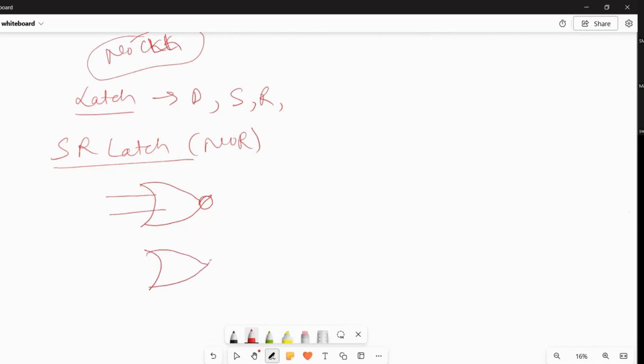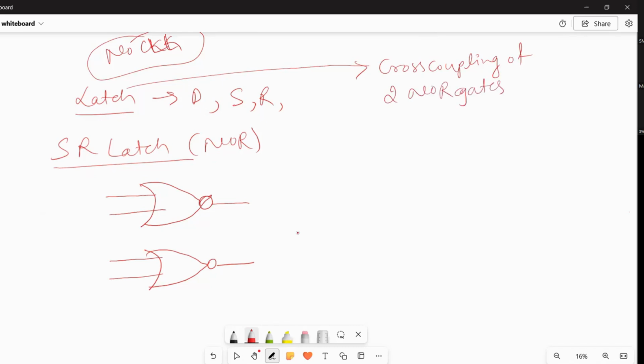What is the meaning of latch? It is a cross coupling of two NOR gates or two NAND gates.